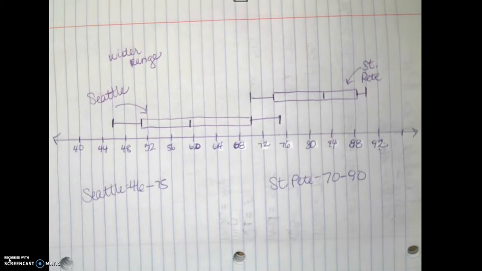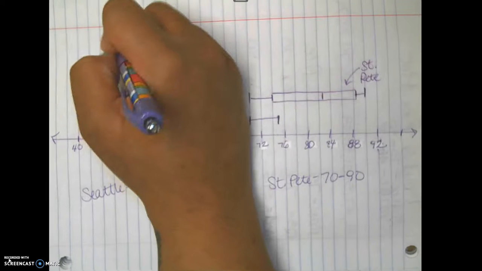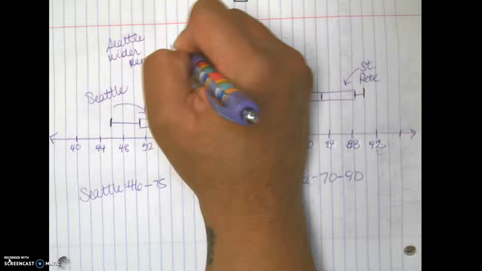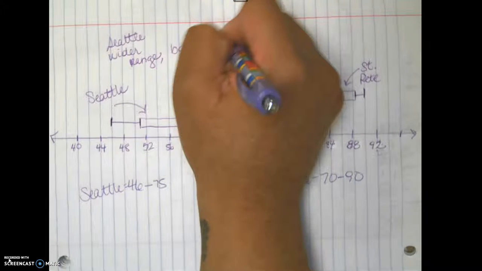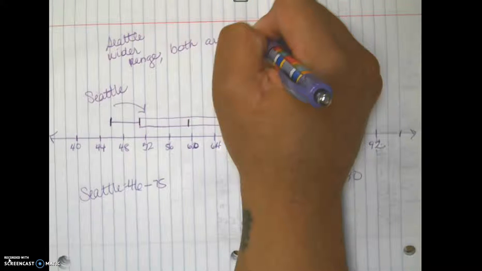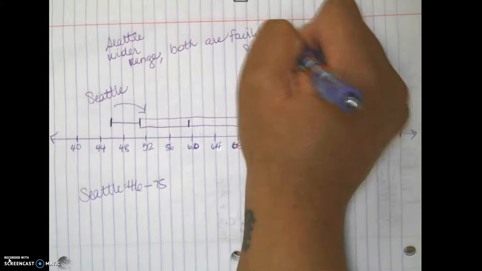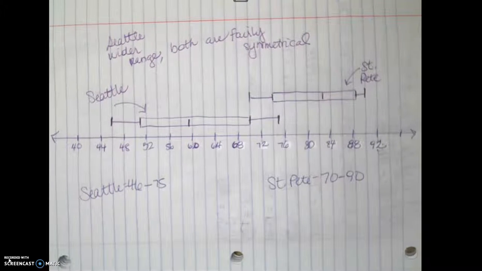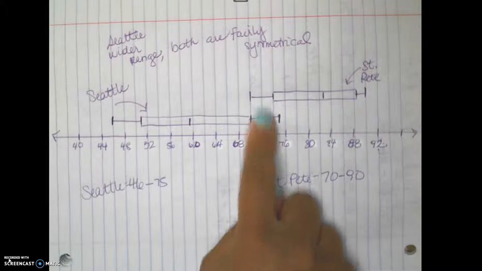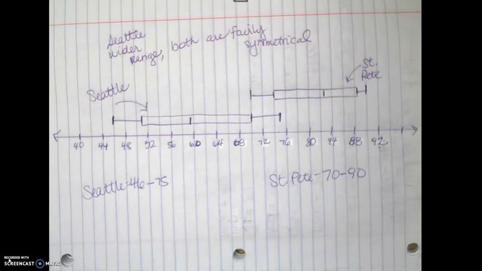They're roughly both what? Symmetrical. Both are fairly symmetrical. What about the whiskers? That's these lines out here and these lines out here. Seattle has wider whiskers. What about their medians?